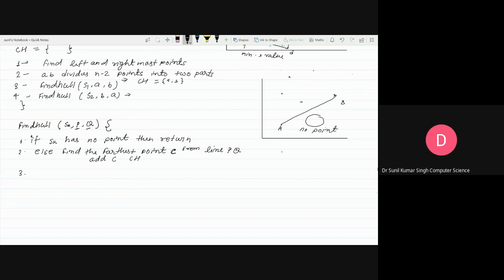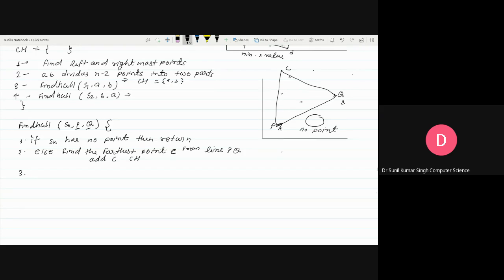So let me tell you, this is your P and this is your Q as had been chosen in the diagram, and this is your point C. So what it is going to do, it is going to divide the points into three parts, three regions.